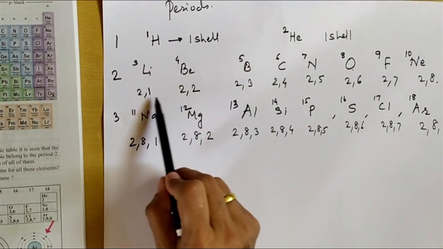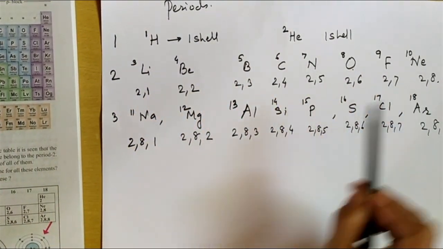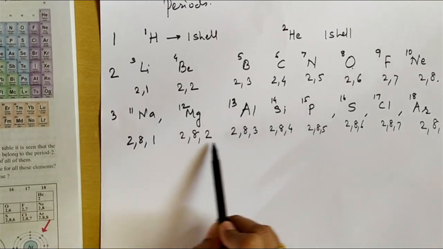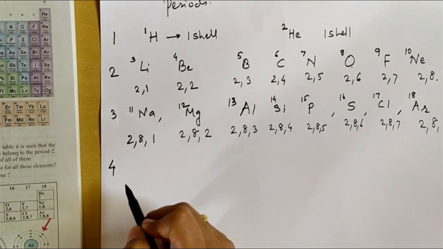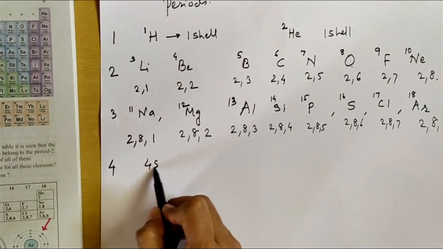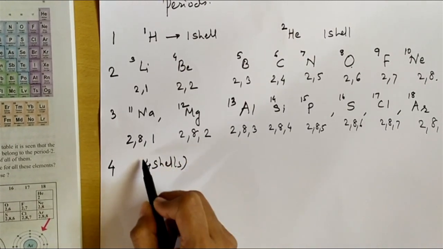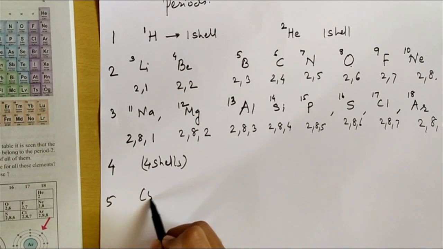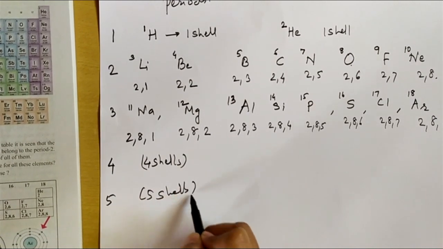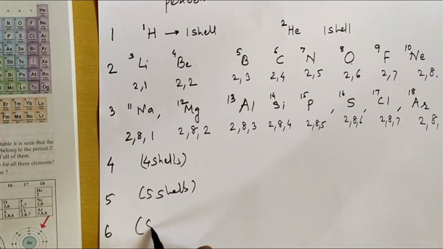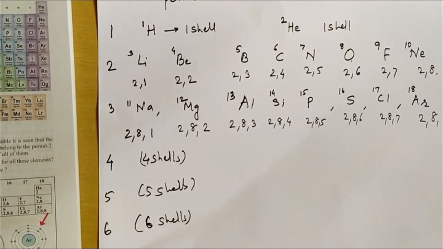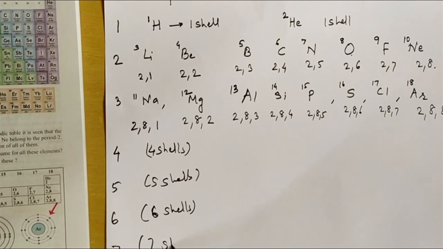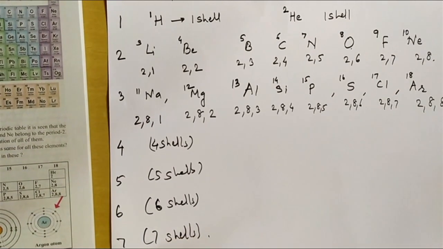Second period, all the elements have 2 shells. Third period, all the elements have 3 shells. In the same way, fourth period, all elements will have 4 shells. Fifth period, 5 shells. Sixth period, 6 shells or the orbits. And seventh period, they will have 7 shells or the orbits.